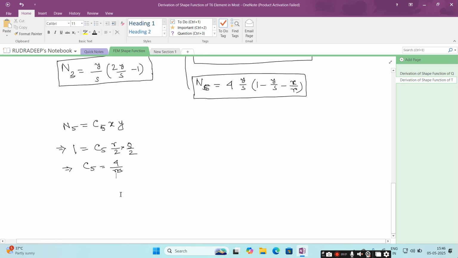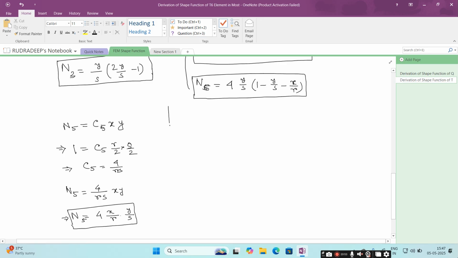So I can write the shape function n5 equal to 4 by rs xy. So n5 is 4 into x by r, y by s. So these are all the shape functions for the T6 element.